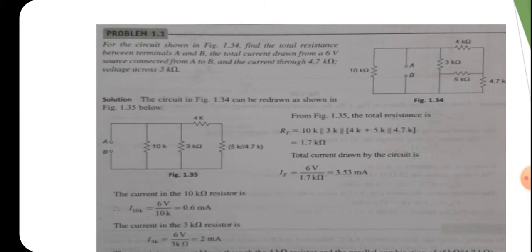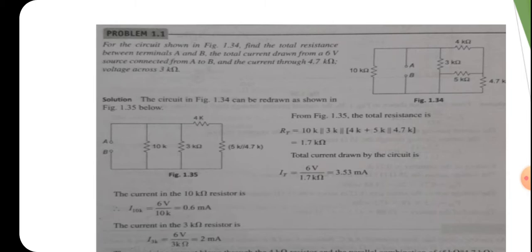Okay, so there is a 4 kilo ohm resistor. Its one terminal is connected to terminal A, and the other terminal is connected to the parallel combination of 5 kilo ohm and 4.7 kilo ohm. So the overall network diagram will be shown in 1.35.